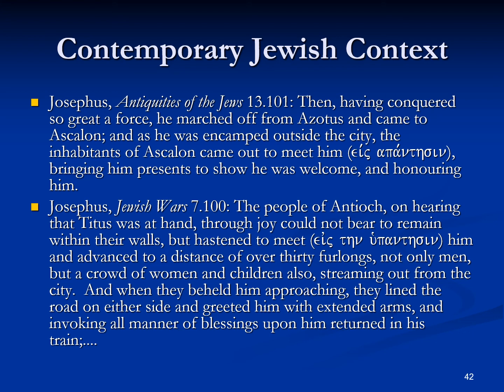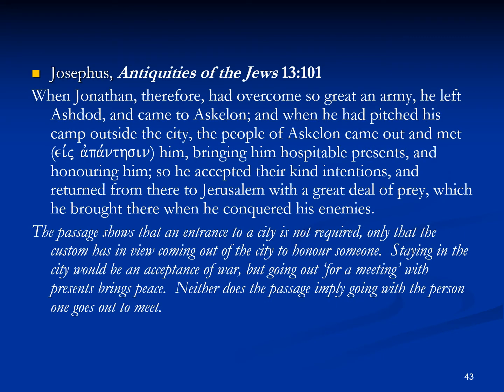And then in the Jewish Wars, Josephus says, but hastened to meet him and advanced to a distance of over 30 furlongs, and so on. Again, back in the Antiquities of the Jews, Josephus says that the people of Ascalon came out and met him, bringing him presents, honoring him.